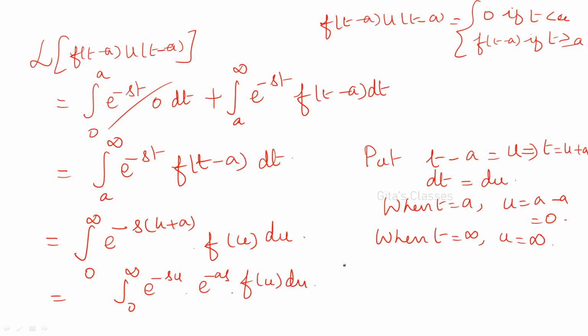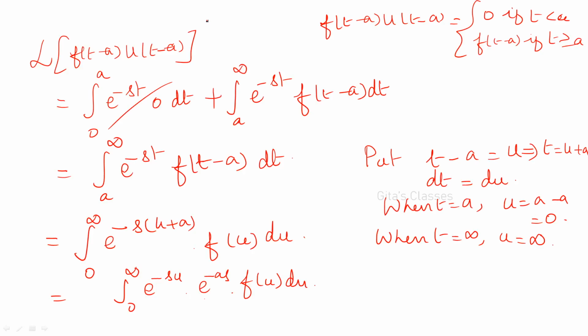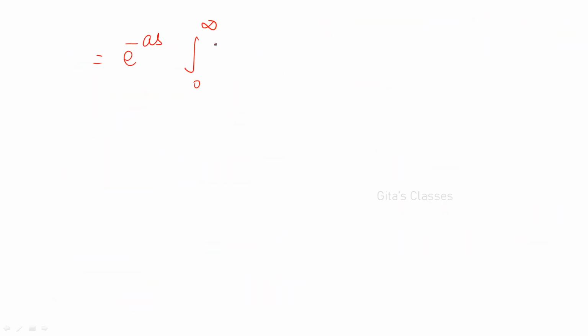The integral is with respect to the variable u, so e power minus as is independent of that. So I can take that outside. So e power minus as into integral 0 to infinity e power minus su into f of u du.